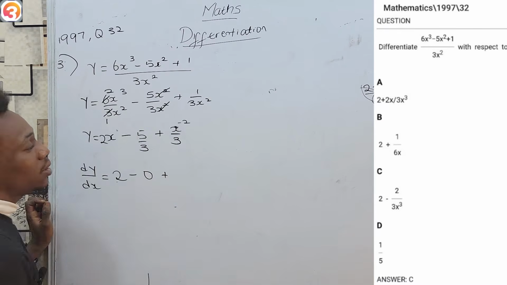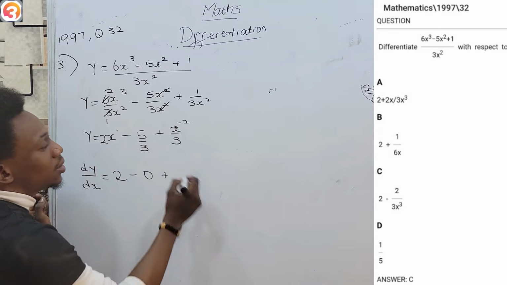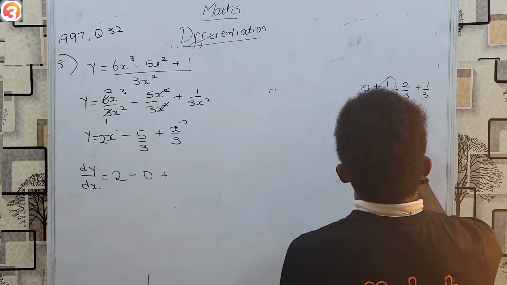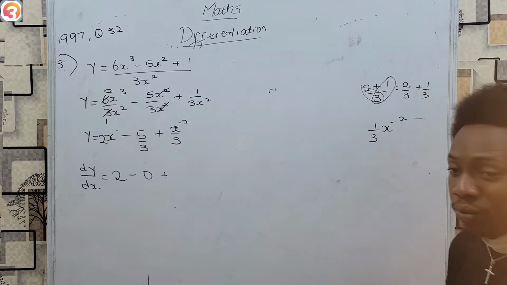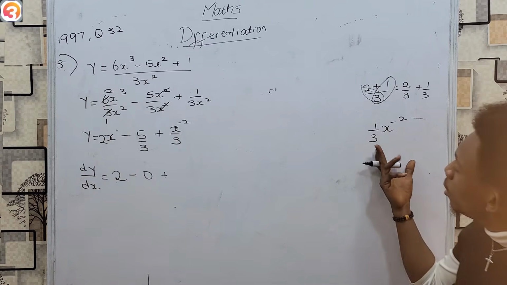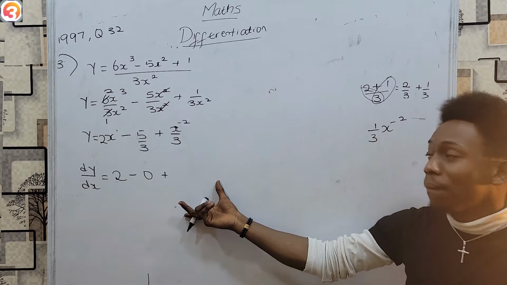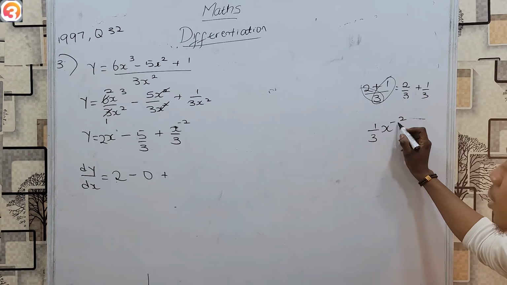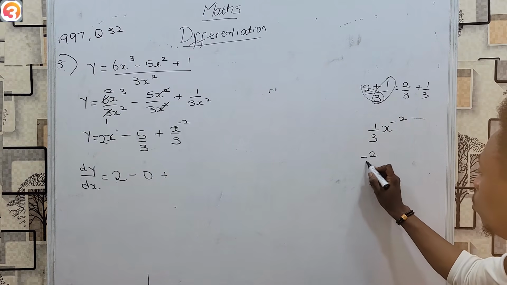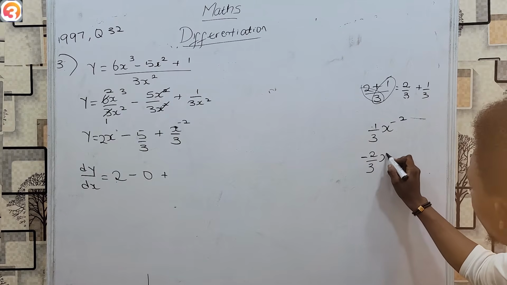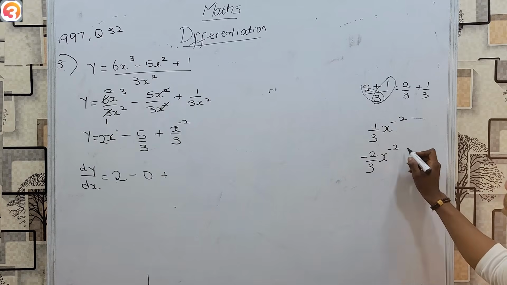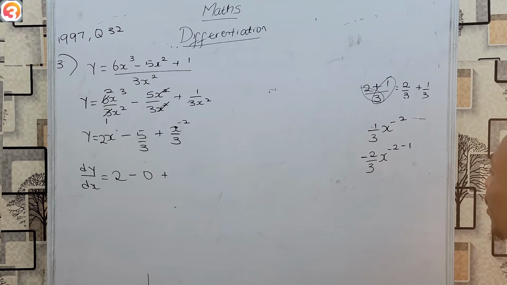Plus, in this case, don't forget, this is the same thing as saying 1 over 3 x to the power minus 2. It will be very, very convenient to think about it in our solving in this way. Let's do it this way and just transfer our answer back there. What do I mean? If I'm differentiating this, minus 2 times 1 is minus 2 over 3. Now I'll be having x raised to the power minus 2, and I subtract 1 from this, minus 1.